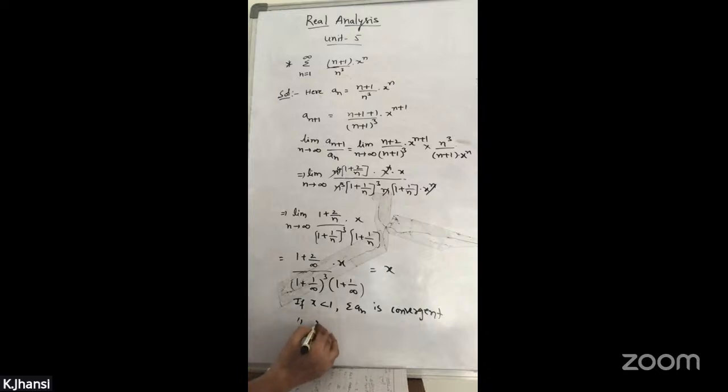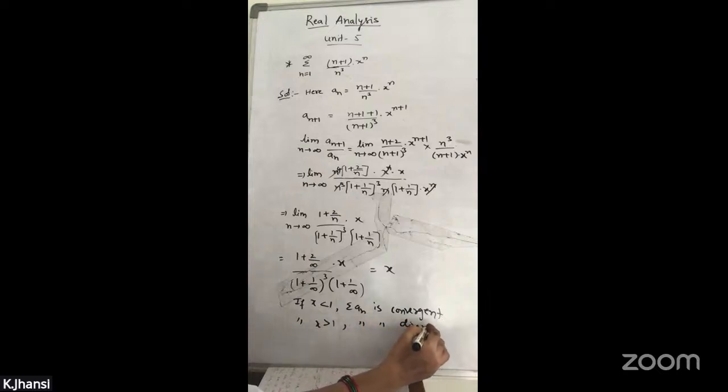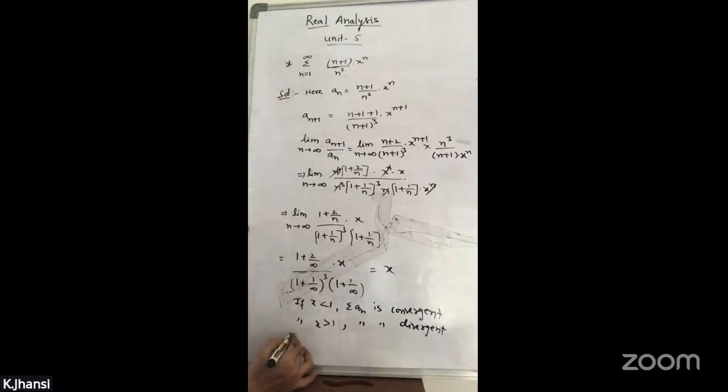If x is greater than 1, summation an is divergent. Next, the third one: if x equals 1, the test fails.